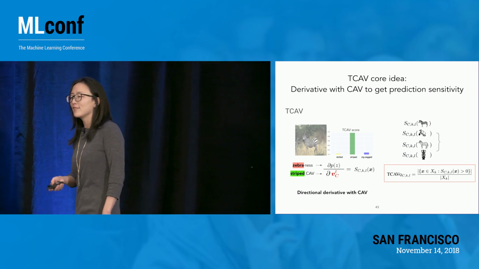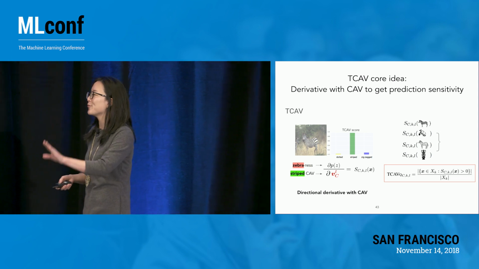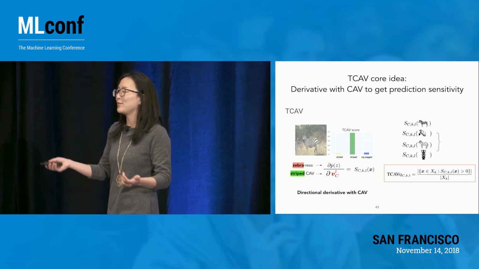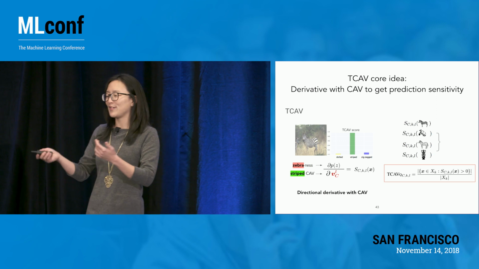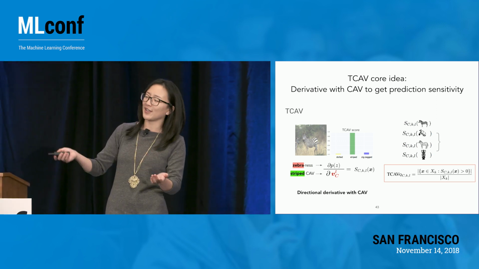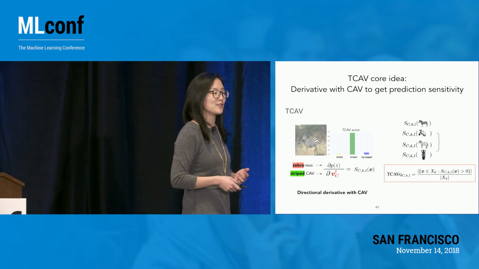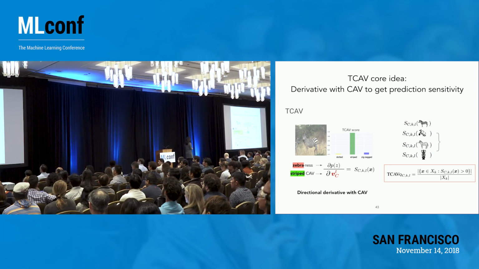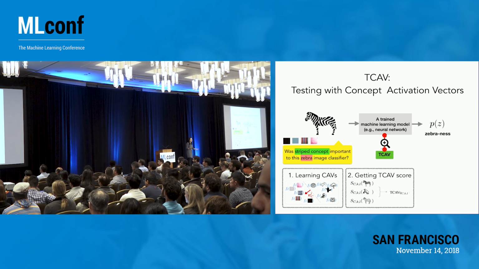And that's it. This is the simplest possible way to define this. You can change this to fit your application. You can flip the inequality. You can do all sorts of things, get the magnitude of the directional derivative, and so on. And that's it. Super simple.